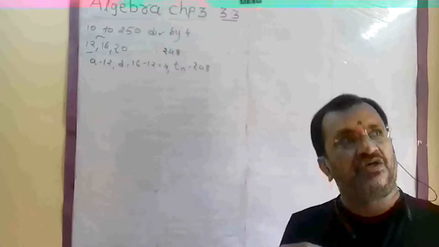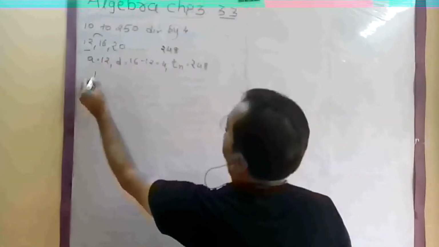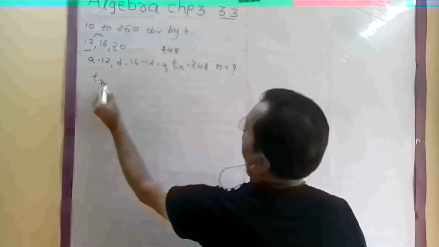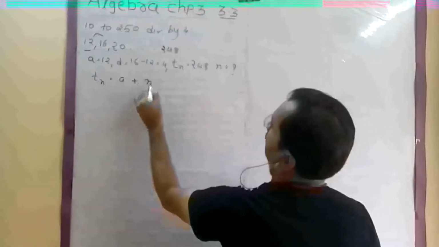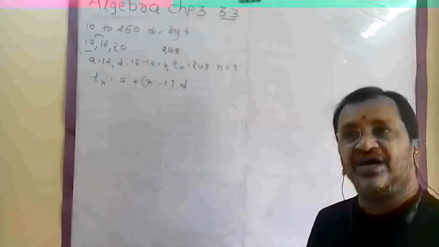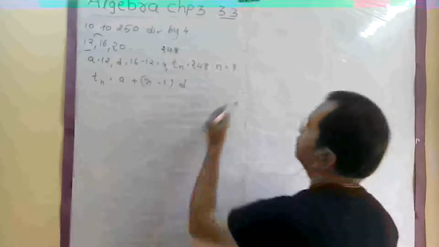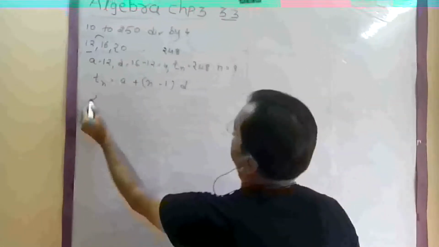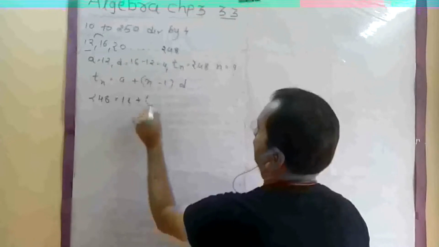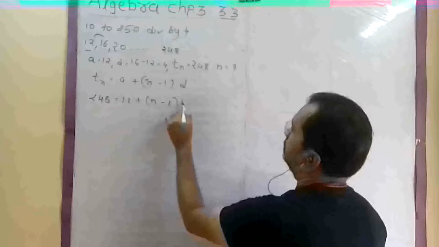So n is the question. Tn is equal to A plus (n minus 1)d. I told you that when you have to find n, don't open the bracket. So Tn is equal to 248, A is equal to 12, and D is equal to 4.